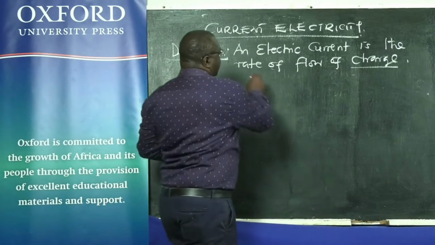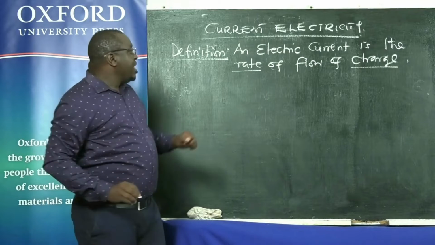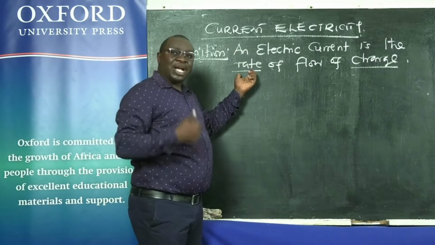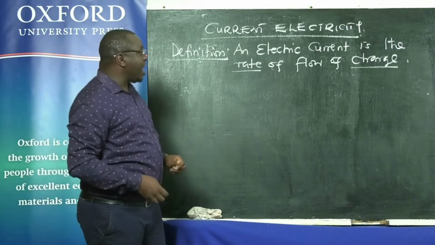The most important word here is the word charge. That's our most important keyword in that definition. The word rate will also come in as a very vital word, because this is another variable that we are going to consider as we do our calculations to do with electric current.